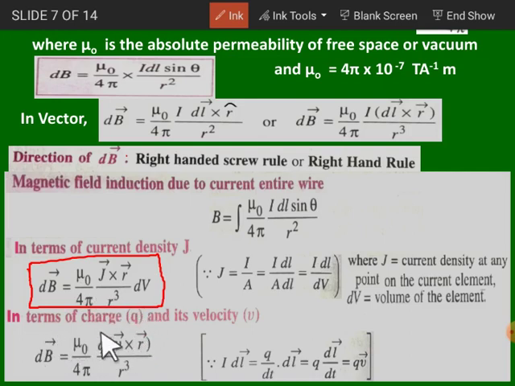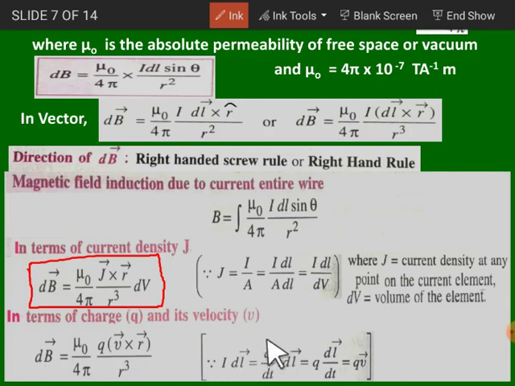Now lastly, in terms of charge and its velocity, you can express it in this way. Why? Because current, we know, is the rate of flow of charge flowing through the conductor. Let the small charge flowing during that small time dt be denoted by q. Then this will represent your current. Don't think of it as dq by dt; the small charge that is flowing during the time dt is denoted by q here.